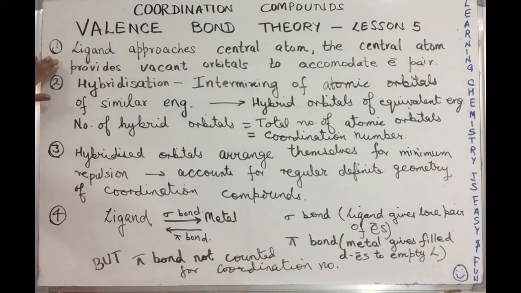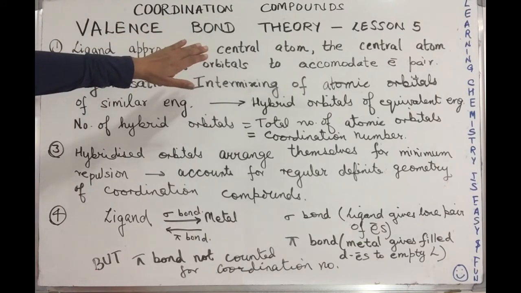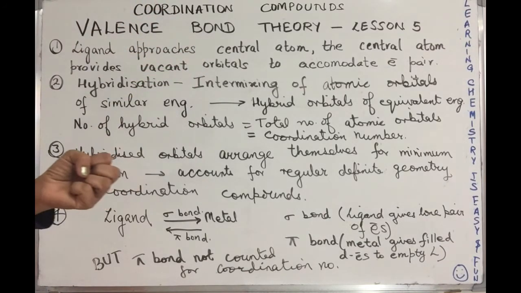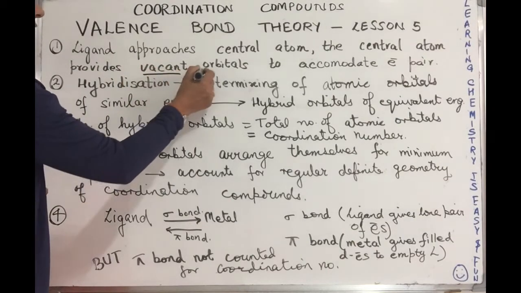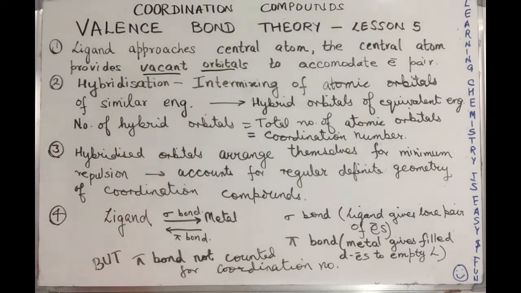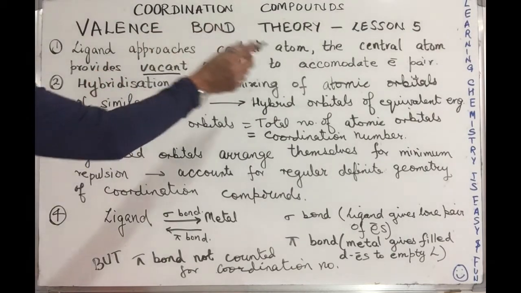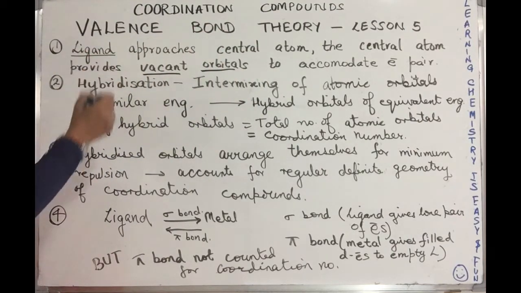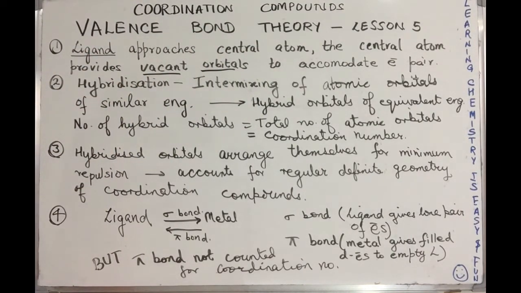The first point in valence bond theory says the ligand approaches the central atom and the central atom will provide a vacant orbital in order to accommodate the electron pair being provided by the ligand. Now, this situation is very much similar to, let us suppose, a guest coming to your house. So, what do you do?